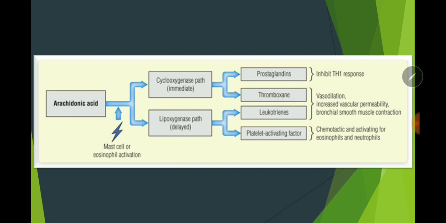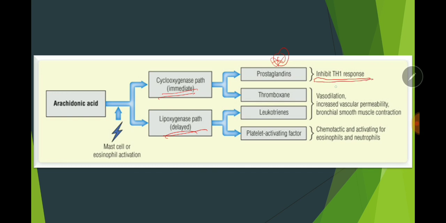This leads to activation of cyclooxygenase, which is the immediate pathway. Now, the production of leukotrienes is in a delayed pathway, as you can see. So this gives you a nice summary of what we discussed. And the cyclooxygenase pathway is going to give you prostaglandins and thromboxane.